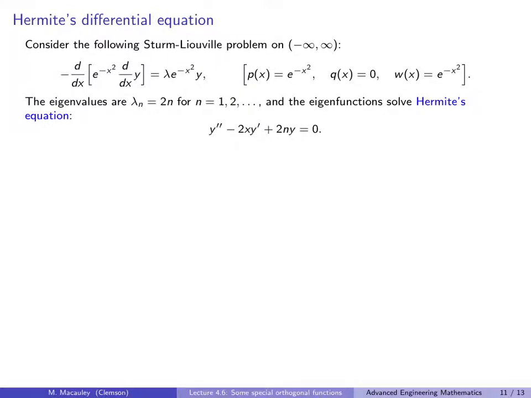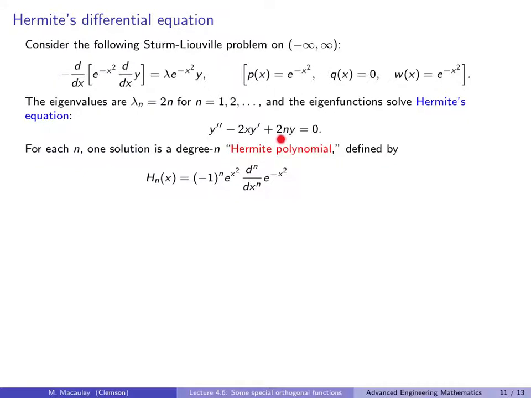The eigenvalues of this Sturm-Liouville equation are 2n for any positive integer n, and the eigenfunctions solve Hermite's equation, which is actually really simple. If you multiply this thing out, you get y double prime minus 2xy prime plus 2ny equals 0. I know you're thinking, wait, what happened to the e to the minus x squared? Well, it cancels out.